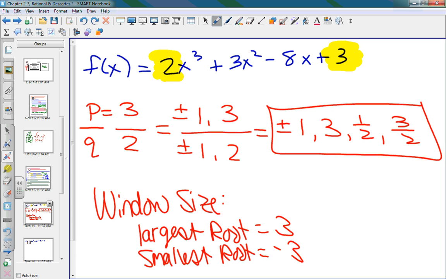Now I want to see if 3 and negative 3 are going to be roots, so what should I put my window size to be? Probably 4 and negative 4. So I might want my window size to be negative 4 to 4. Do we understand this? That makes my window size something small that I can see. There's no doubt whether it's going to cross in there or not. Do we all understand that?